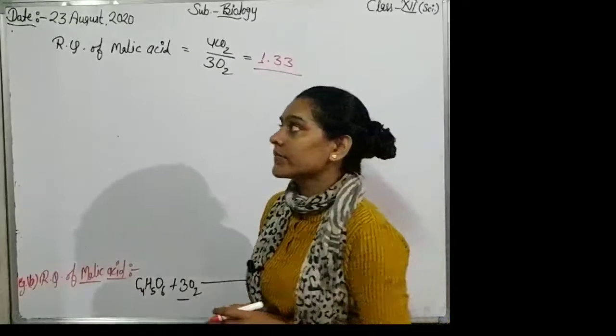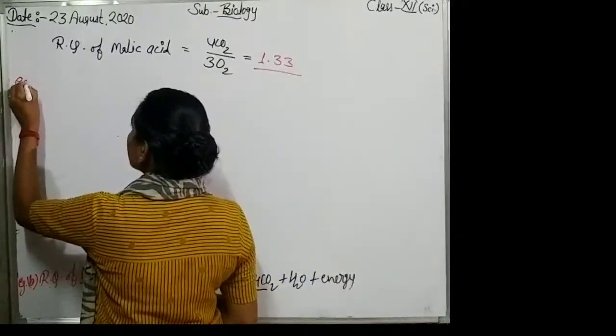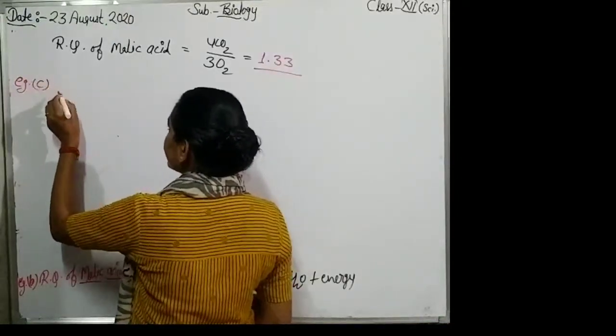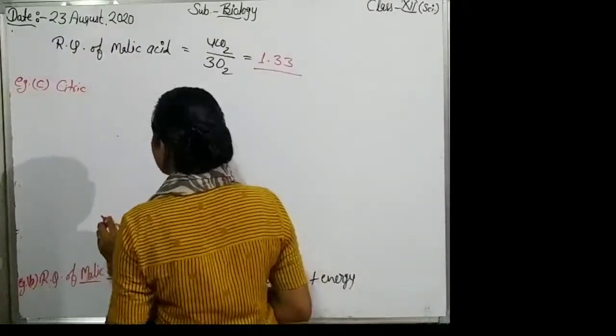Okay. Now third example of organic acid, citric acid.